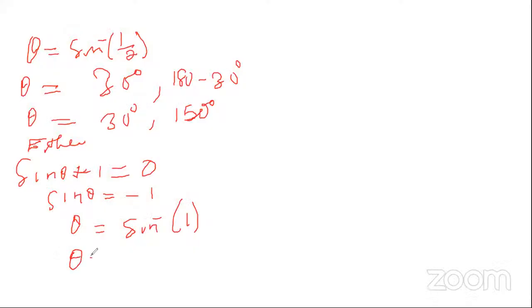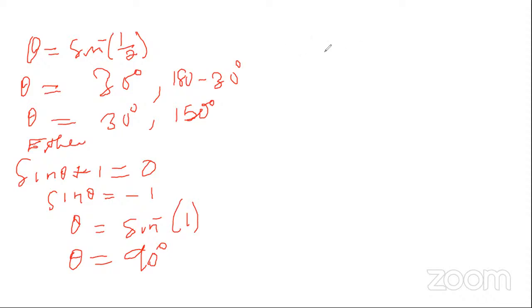So that 90 is in the first quadrant, so it is not required. Where is theta negative? In the third and the fourth quadrants.